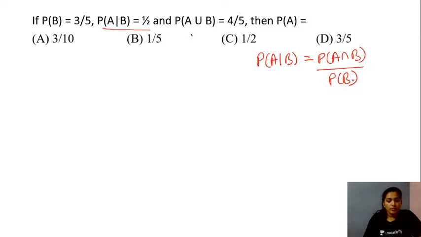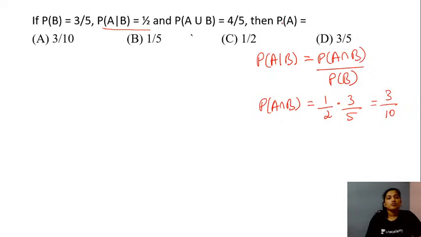So using this equation, we can get the value for probability of your event A and B. This will be equal to half into 3 by 5. Am I right? And what is this value equal to here, students? So you will have the value here as 3 by 10. Okay? Please note down this value.